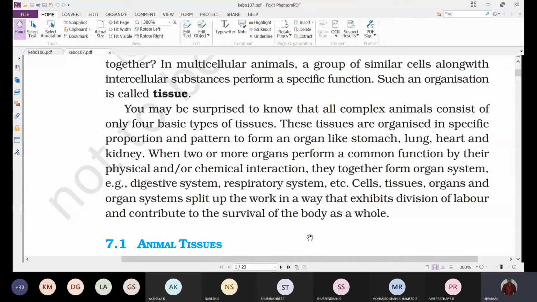And even if you take the stomach, it is an organ, but it is formed of different tissues. It has a mucosal layer, a muscle layer, submucosa, serosa, muscularis, different layers which are made up of different types of tissues, but functioning as a unit.